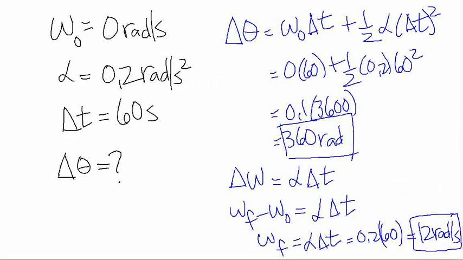All right? Now, let me have you try an example. Suppose that an ice skater was in a spin, and suppose she had an initial angular velocity of 3 radians per second. And also, suppose that she brought her arms in. You may know that if an ice skater in a spin brings her arms in, she increases her angular velocity.